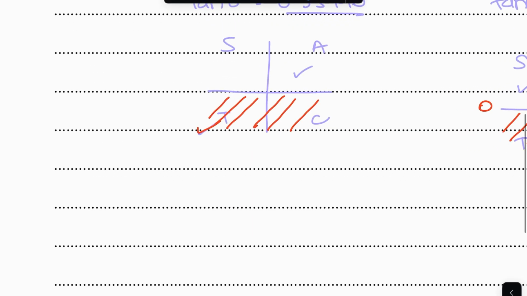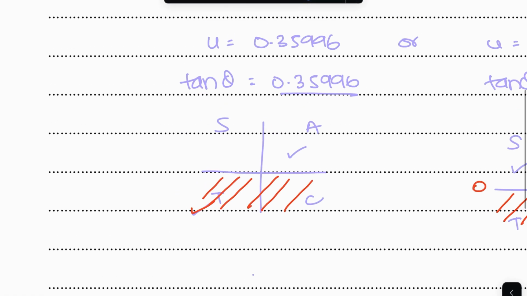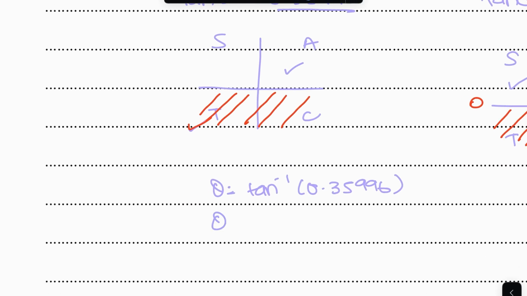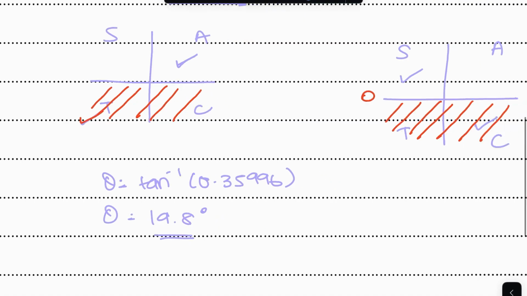If we do tan inverse, theta is going to be tan inverse of 0.35996, and if you put that in the calculator, you get theta is equal to 19.8 degrees. Since we're only looking at the first quadrant, this is going to be our only answer.